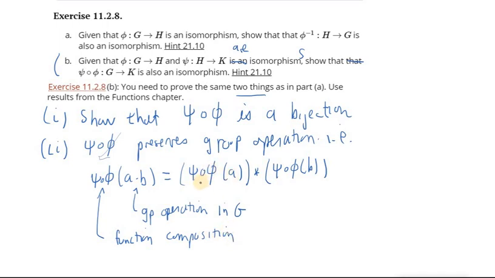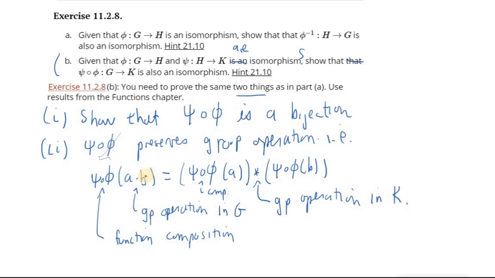This is also function composition. This here is the group operation. It's the group operation in the range of psi composed phi. Now, where's the range of psi composed phi? Well, remember, phi takes G to H, psi takes H to K. So this is the group operation in K.